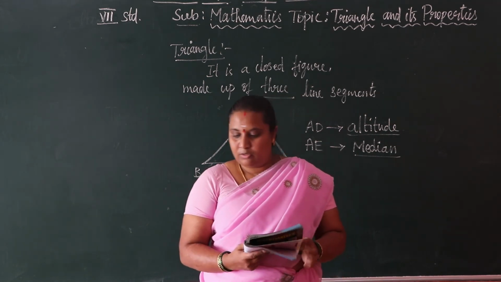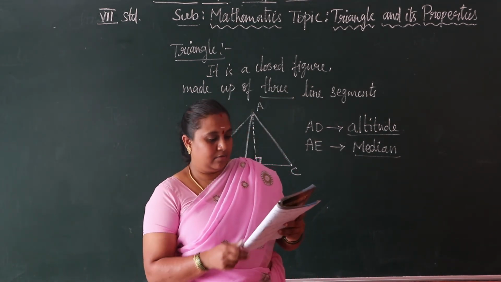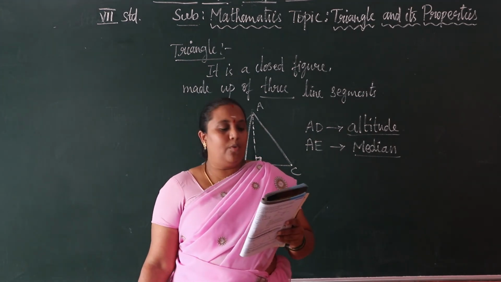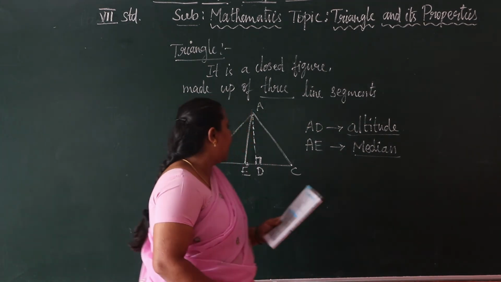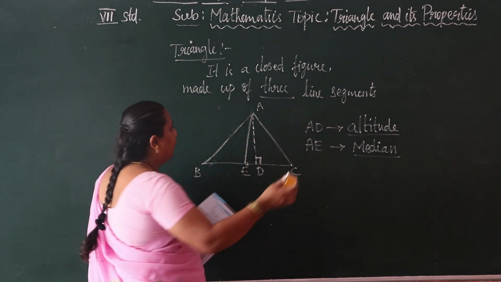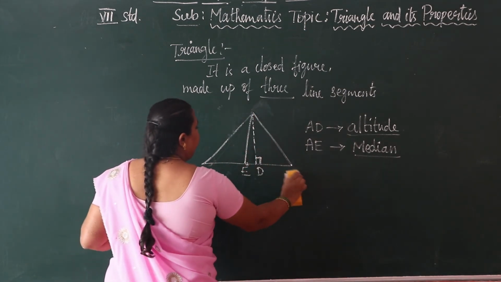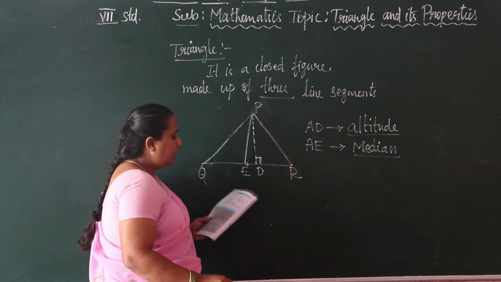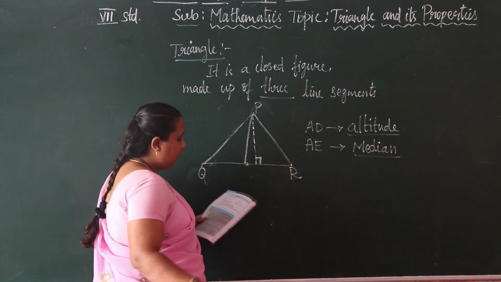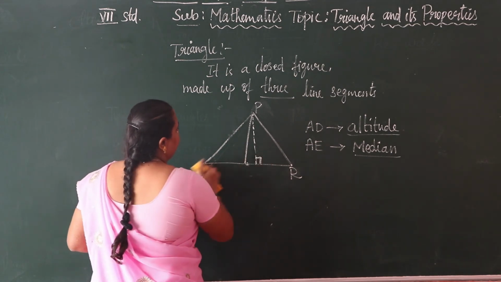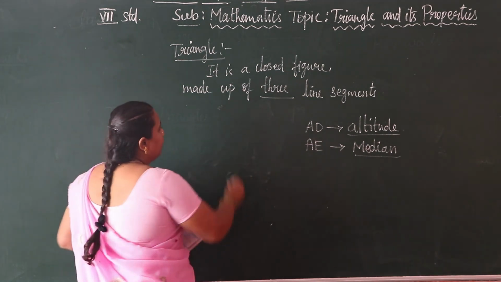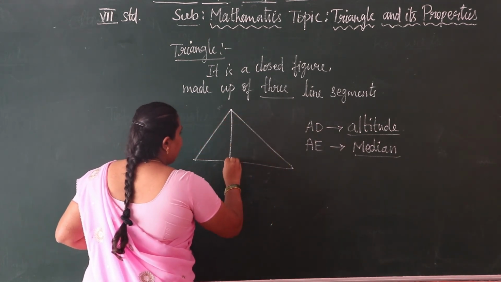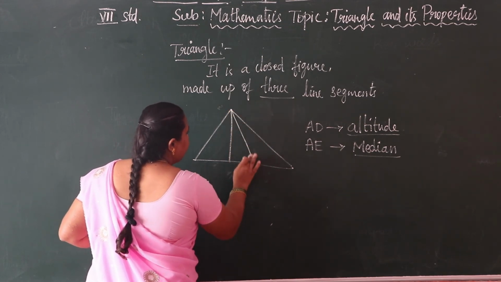Now let us see the exercise problems given in your textbook. In triangle PQR, D is the midpoint of QR. Here in your exercise it is given as triangle PQR, and the diagram is different.